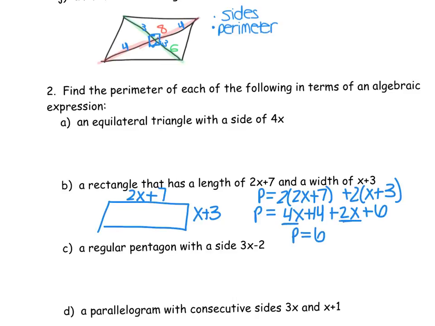Combine your like terms, and you get 6x plus 20. And that's how you'll leave it, with the variable.